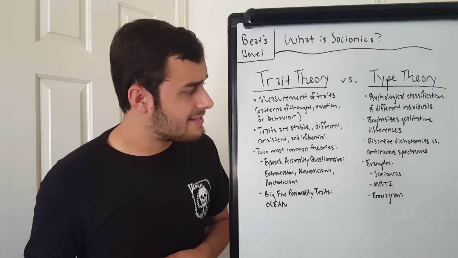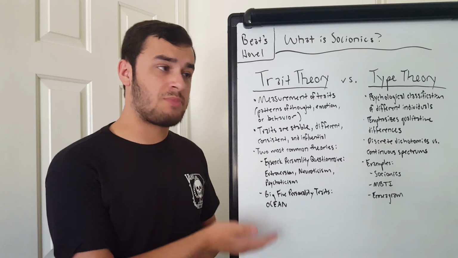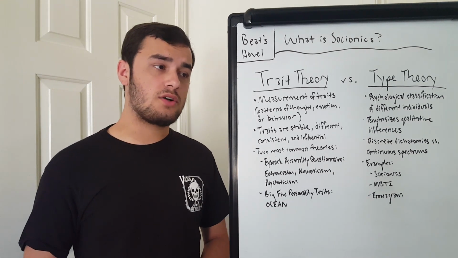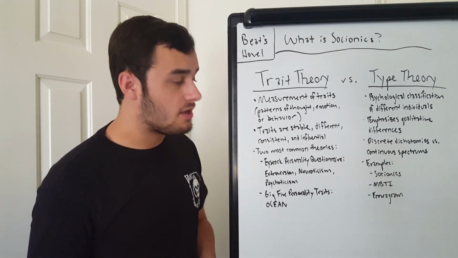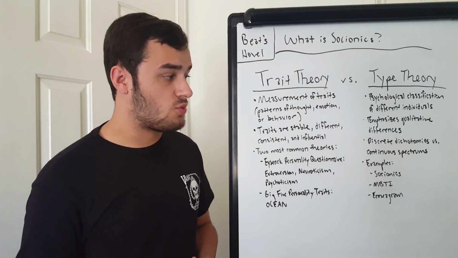As well as this, type theories promote discrete dichotomies versus the continuous spectrums of trait theory. For example, in Jung's original personality typology, he had the dichotomy of extroversion versus introversion. And in his type theory, that was a discrete dichotomy.